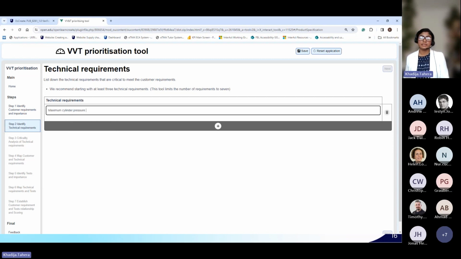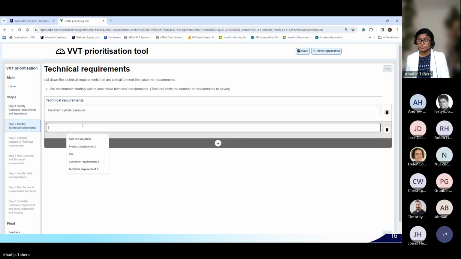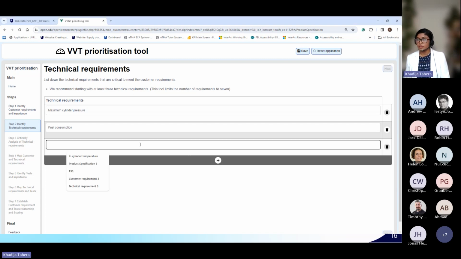One is maximum cylinder pressure, then fuel consumption, and the third one is the in-cylinder pressure.